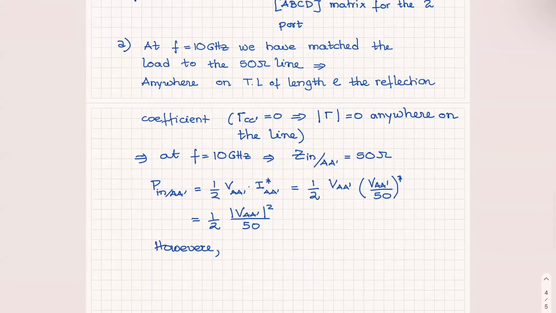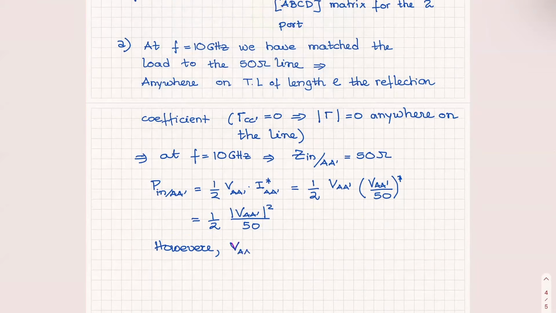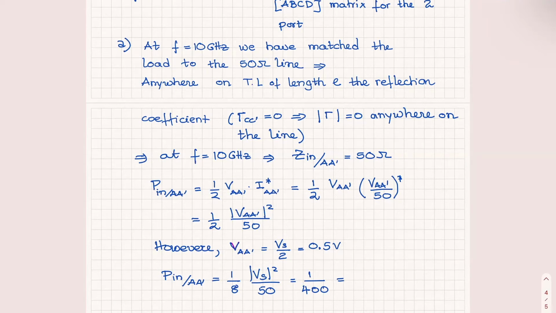So we have that VAA prime is Vs divided by 2, which is 0.5 volts, which then implies that P incident at A prime, it's a formula that you have seen before, is 1/8 Vs magnitude square divided by 50, and that gives 1/400, and that gives 0.0025.